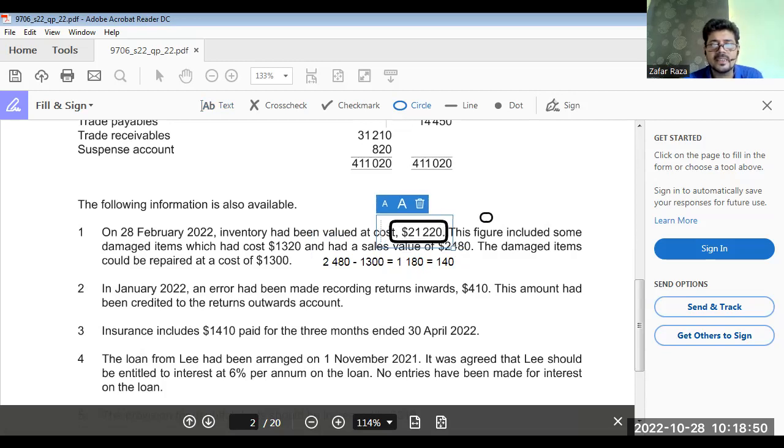So 21,220 minus 140, and the answer would be the new value of closing inventory after adjusting according to IAS 2: 21,080 as our closing inventory. Are you getting my point clear? This is the first adjustment.